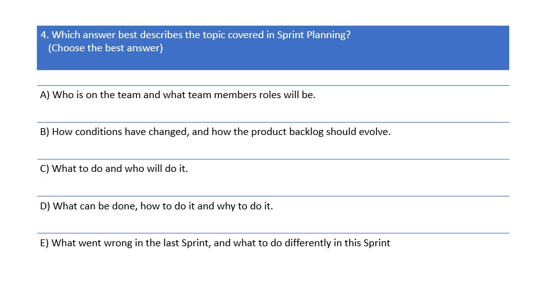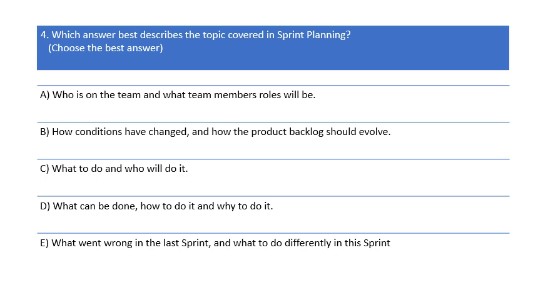Option C. What to do and who will do it? Option D. What can be done, how to do it and why to do it? Option E. What went wrong in the last sprint, and what to do differently in this sprint?